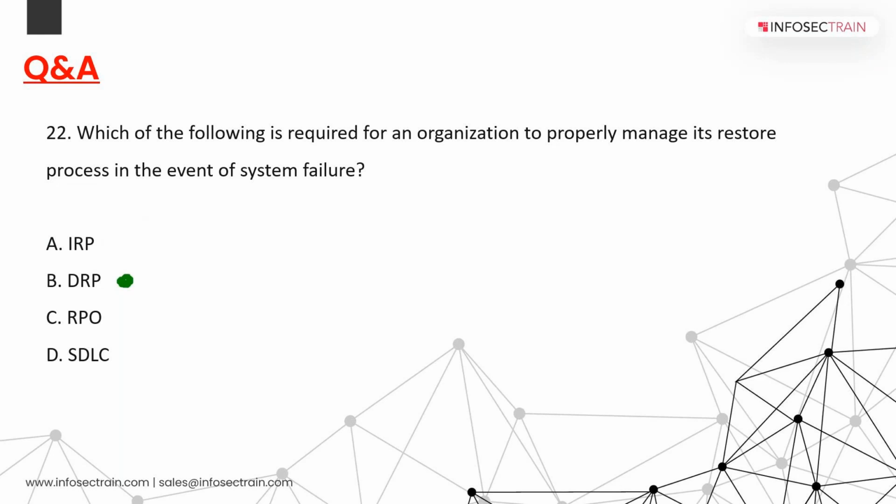From creation and code merging, then if there is a bug in the code, you rectify it, then you send it to the production environment, where they test whether the piece of code is stable or not. All that falls under SDLC, Software Development Life Cycle. Okay, great, perfect. So the correct answer for this question, guys, is going to be DRP, the Disaster Recovery Plan.